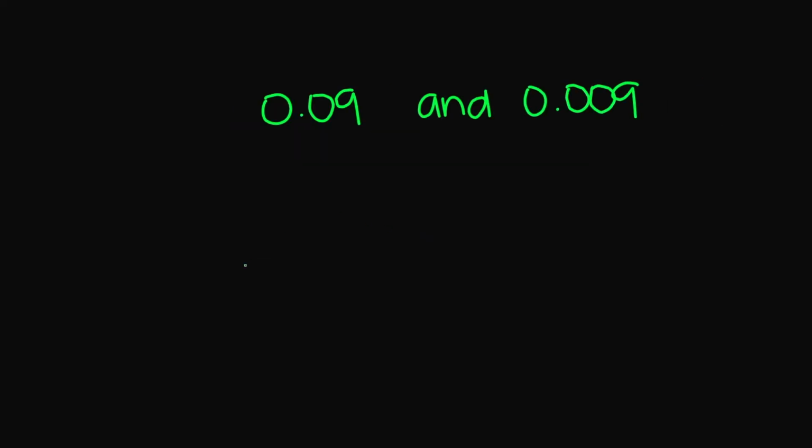So let's look at this example here. Are these two decimals equivalent? And the answer for this is no. These two decimals are not the same because notice here we have 0.09 and here we have 0.009. If I had to turn these into a fraction, remember you take the last digit of your number and turn it into a fraction.